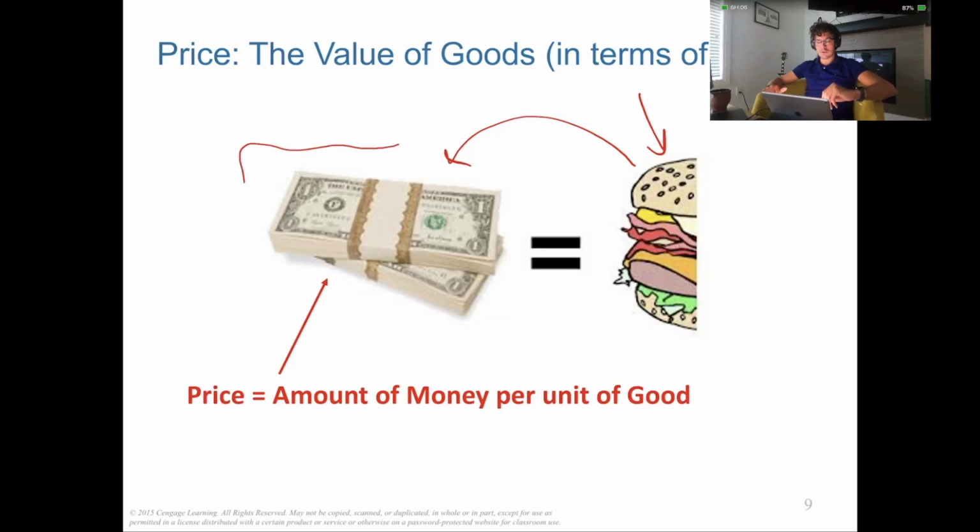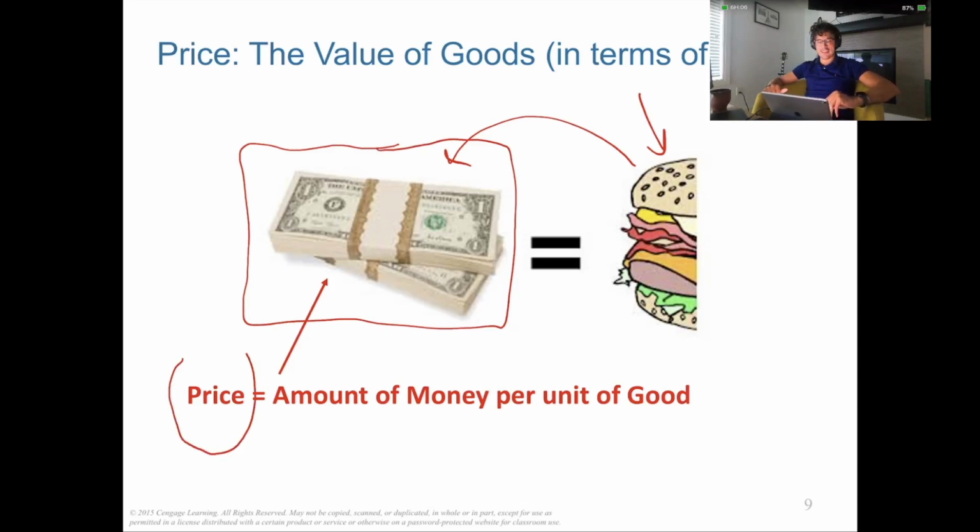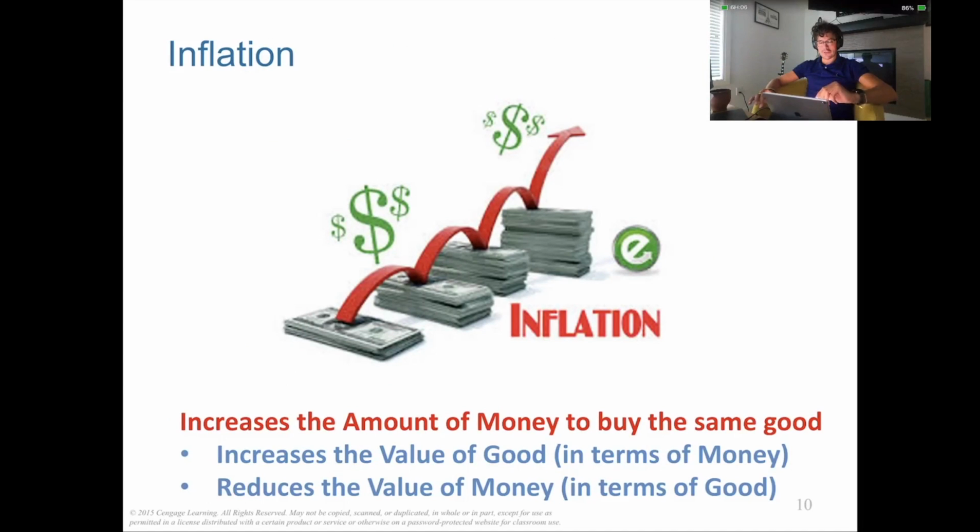But what is the amount of money that you need in order to buy a good? It is the price of that good. So the value of goods in terms of money is just the price. So inflation is a measure of the increase in the price.